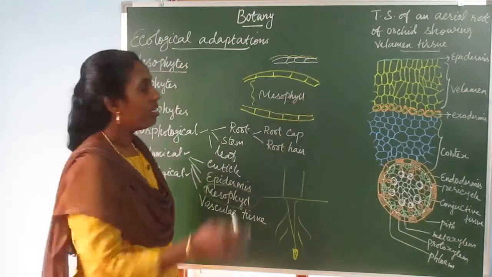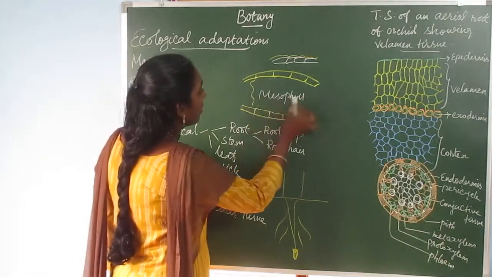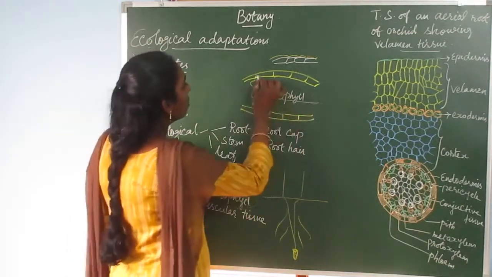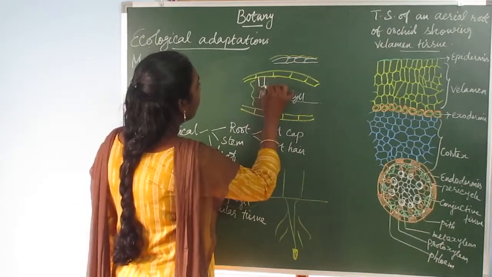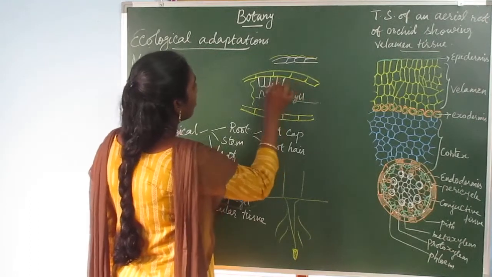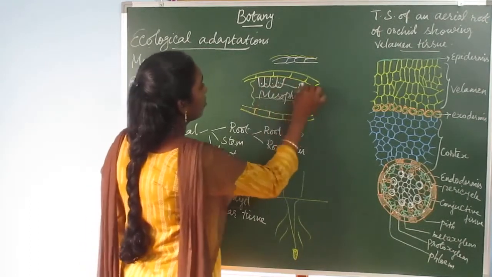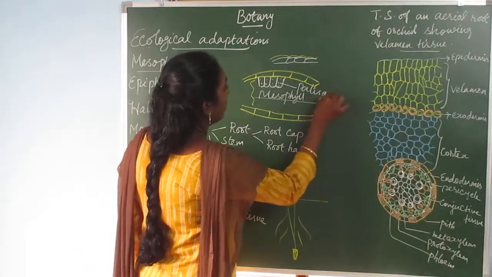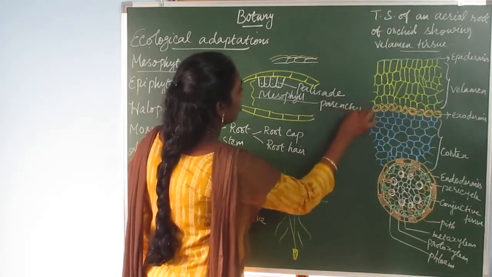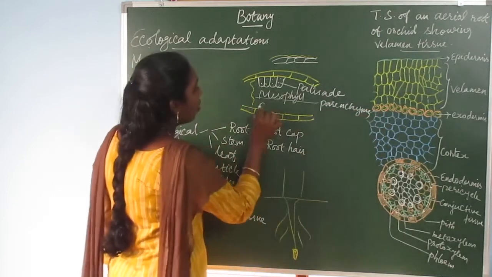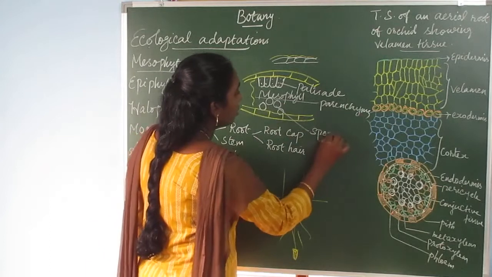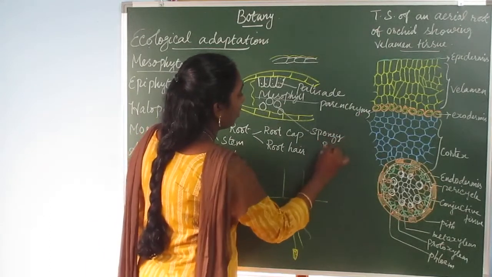In mesophytes, this mesophyll is differentiated into two different types of cells, that is, this part which is made up of palisade parenchyma and another of these cells made up of spongy parenchyma.